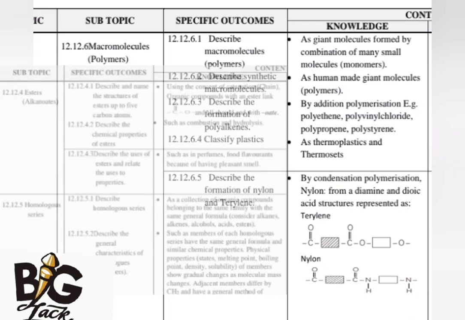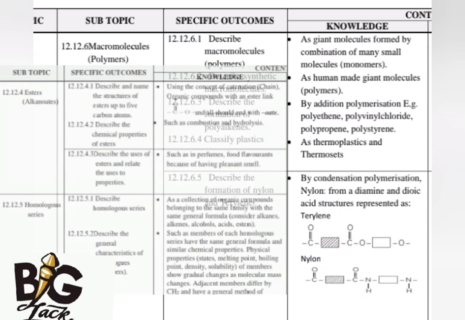Then we also have Terylene. The linkage for Terylene is called the ester linkage, which is C, O for oxygen, then C for carbon, then a double bond and oxygen. This is the ester linkage.